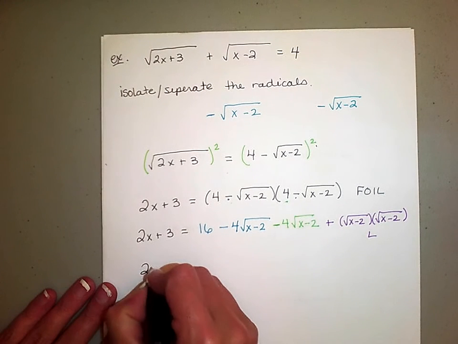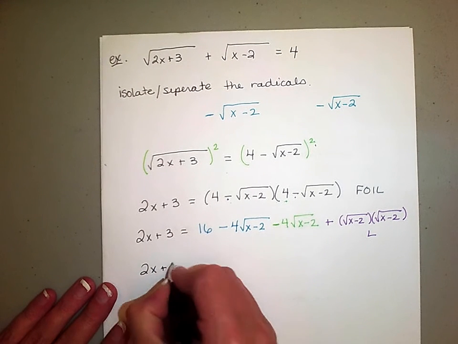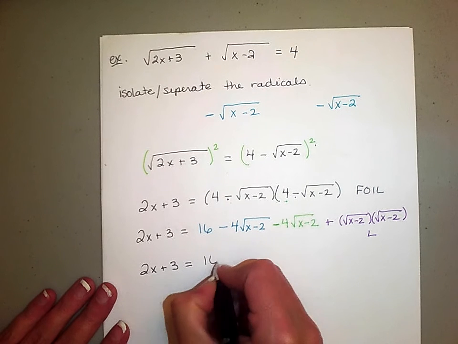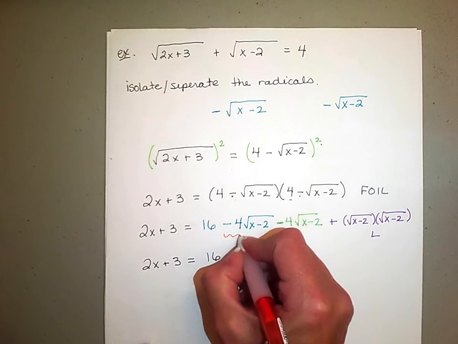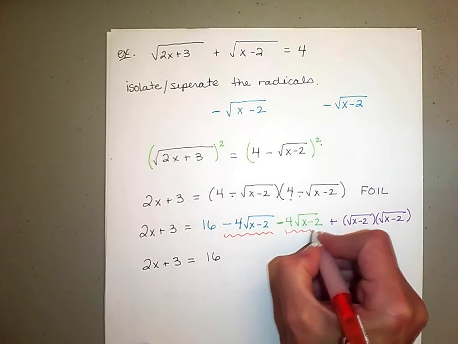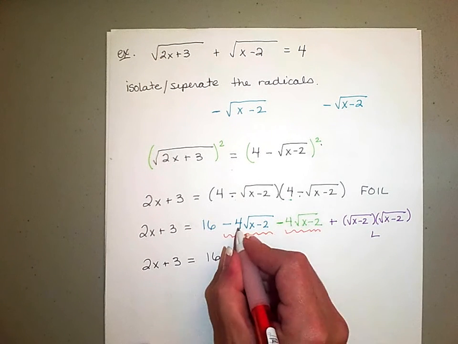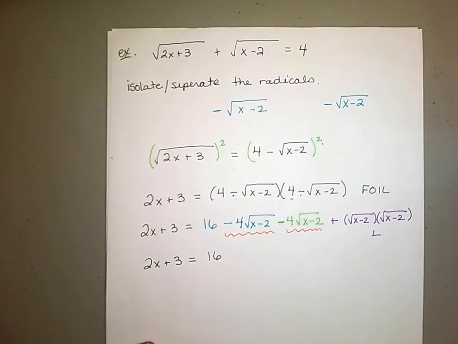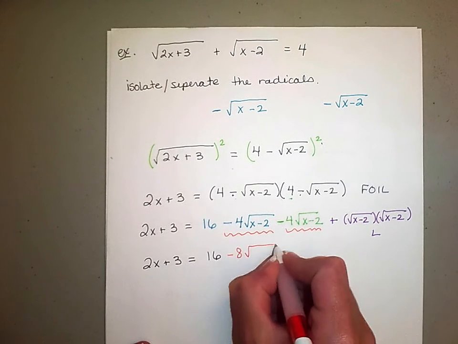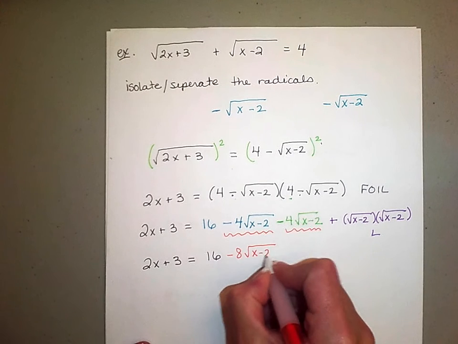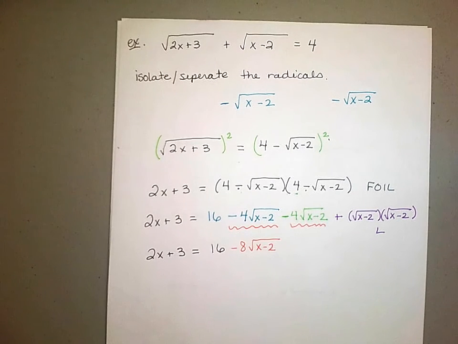Now let's simplify. So we have 2x plus 3 is equal to 16. Now, these are actually like radicals. So if I have minus 4 here and I take away another 4, in total I have minus 8, and the radical comes along, square root of x minus 2.